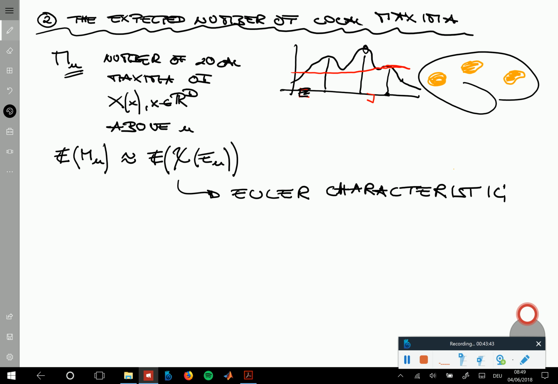At this point, there is no mathematically precise value that can be computed based on the characteristics of the random field for the expected number of local maxima, it's only an approximation. It's approximated by another expectation, namely the expectation of the Euler characteristic of the excursion set.